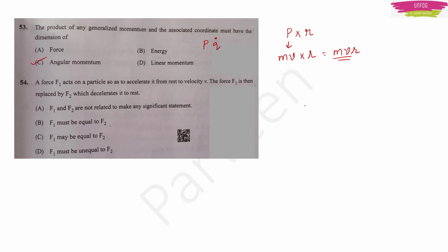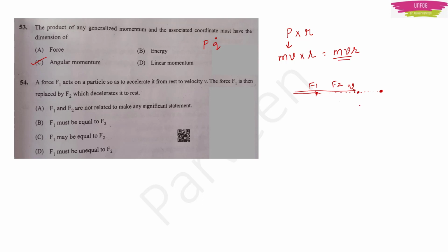So what is mentioned here is that one particle is there, one force F1 is applied on it so as to accelerate it. It is accelerated, it is moving with velocity v. Now force F1 is replaced by F2 and this particle is decelerated and it is brought to rest.